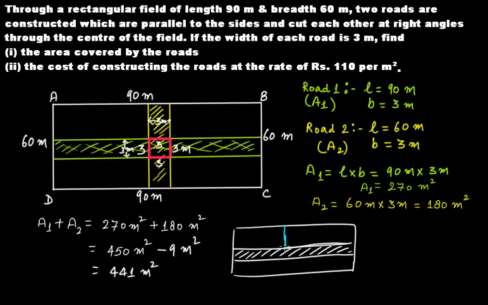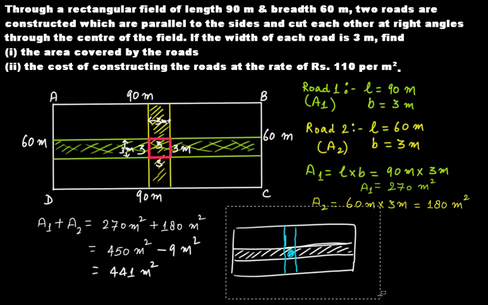This road that's covering this region has already been calculated or covered when we were calculating area for this road one. That's why we are subtracting one time from the total area, because if you subtract one time, it means that you are subtracting the area that's being covered by the second road again. So that was a common. That's why we subtracted, and the area covered by the roads will be 441 meters square.